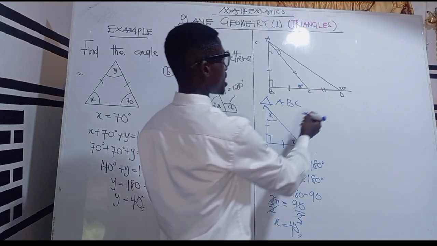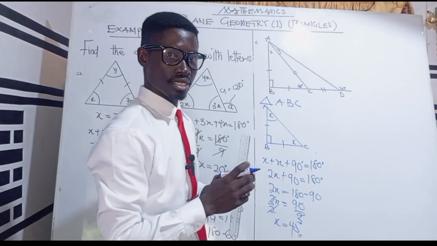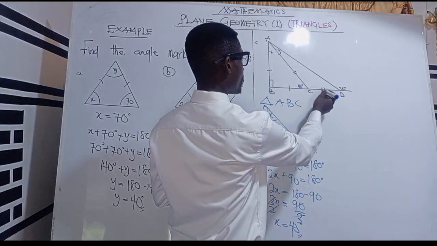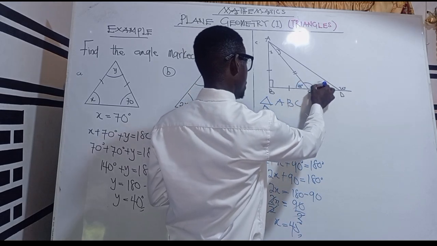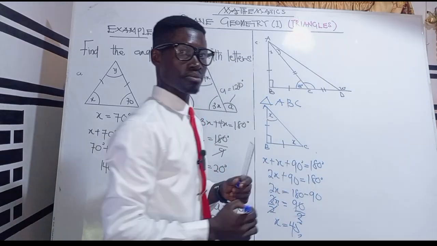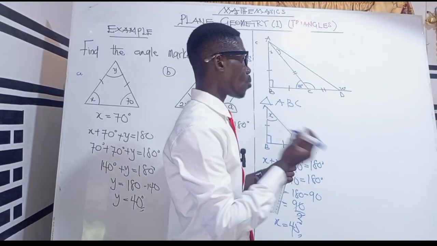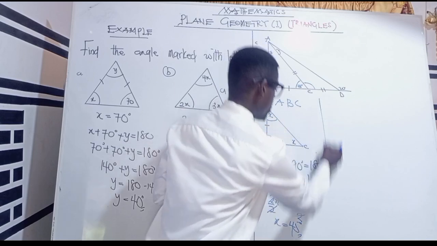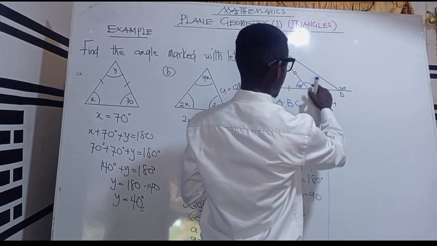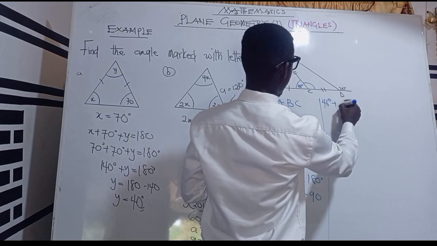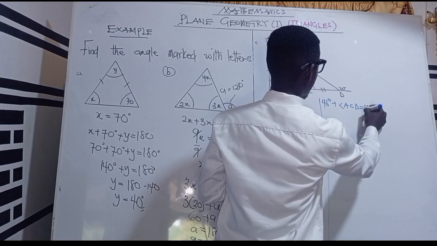Now, before we can find angle W, we have to find this angle first. Okay, so before we can find this angle, let's use angle on a straight line to find this very angle. So you know that this angle plus this angle should give us what? 180 degrees. Good. So we have 45 plus, let's say, angle ACD is equal to 180 degrees.